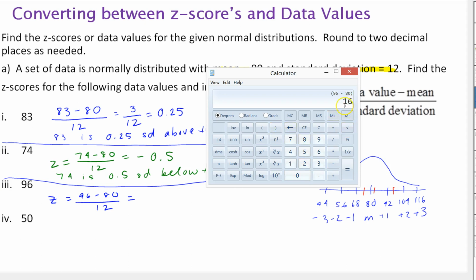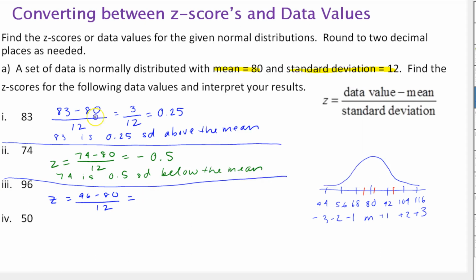So it's 16 away from the mean. And how many standard deviations is that? Well, how many 12s are in 16? Rounding to 2 decimal places, 1.33. So it's 1 1/3 standard deviations, but rounded it's 1.33. And we interpret that as 96 is 1.33 standard deviations above the mean.